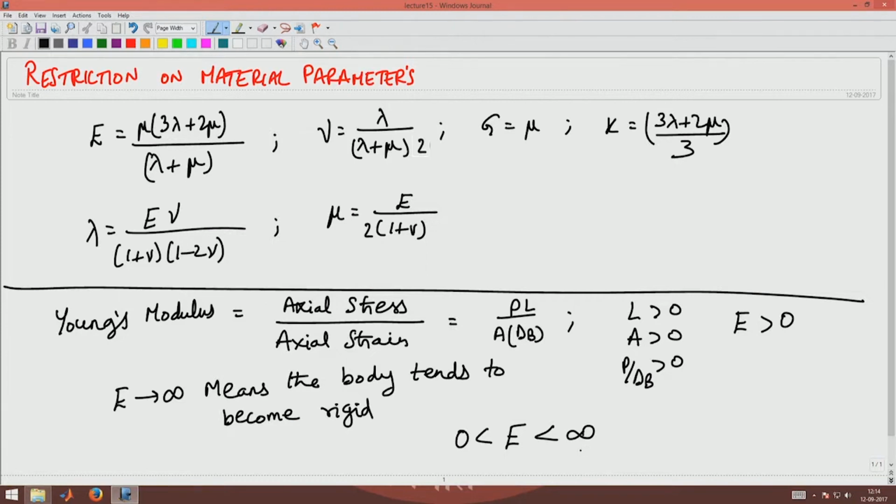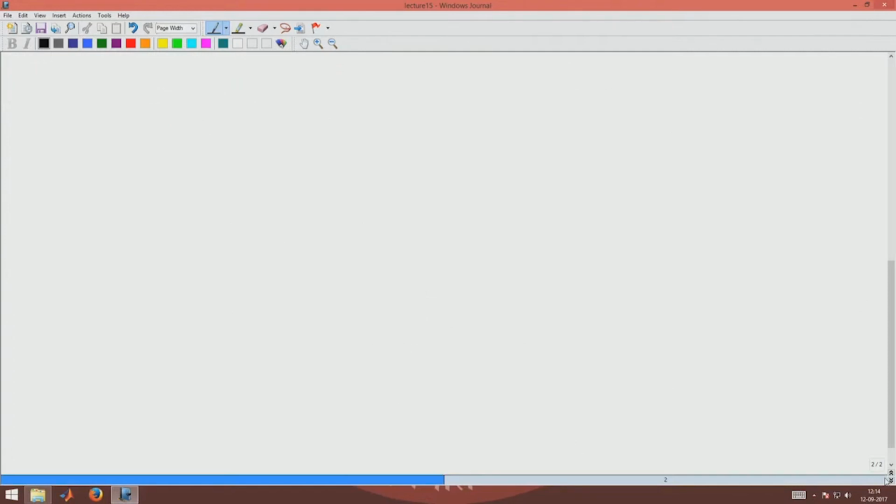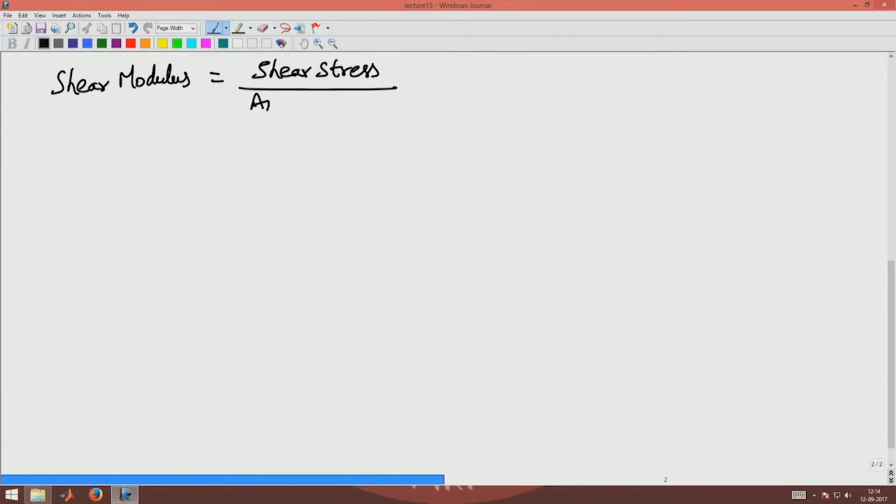A similar argument we make for the shear modulus. Shear modulus was defined as shear stress by angle change caused due to the shear stress.